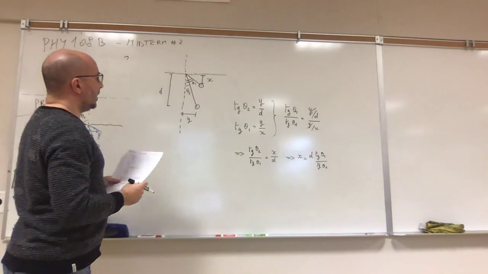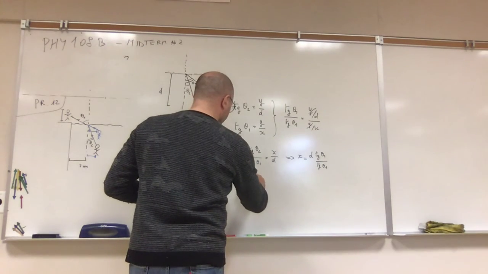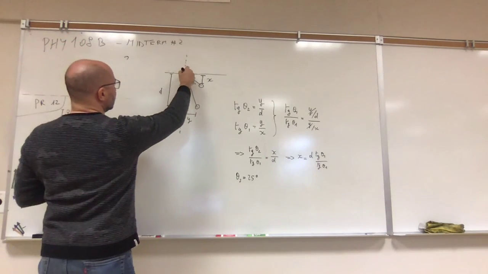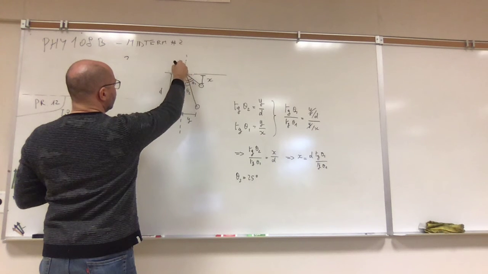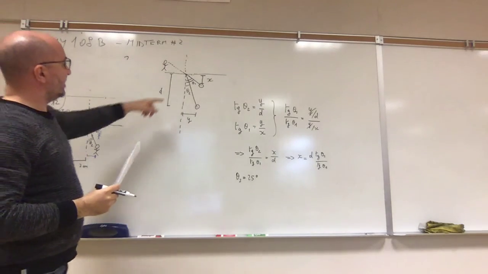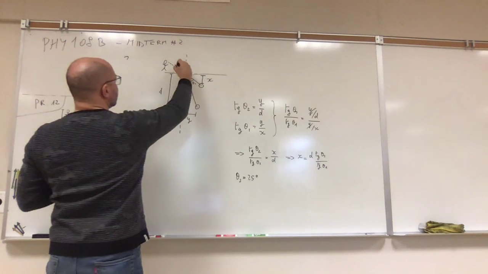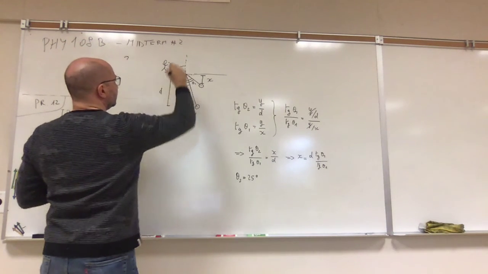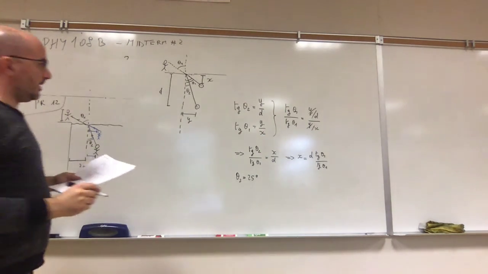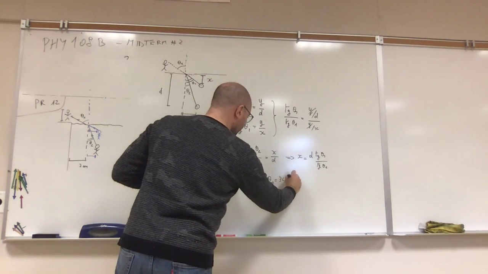So do I have theta 2? Yes, theta 2 is my original 25 degrees. Do I have theta 1? Well, let's see. The angle here is exactly this angle over here, which is the refracted angle over there. And so theta 1 is 34.3 degrees.